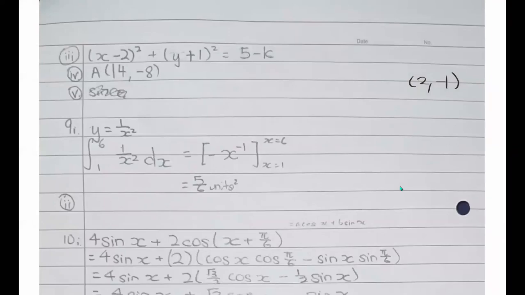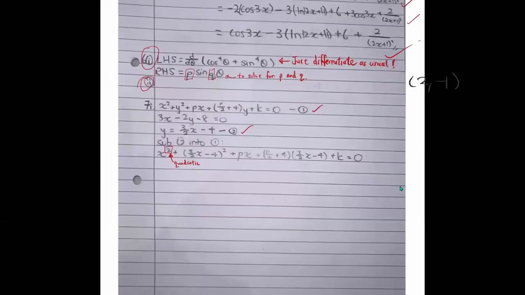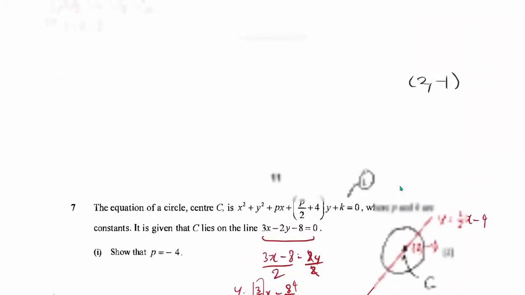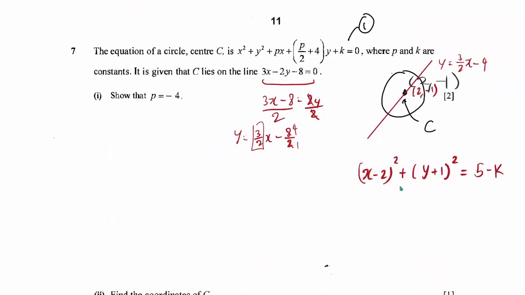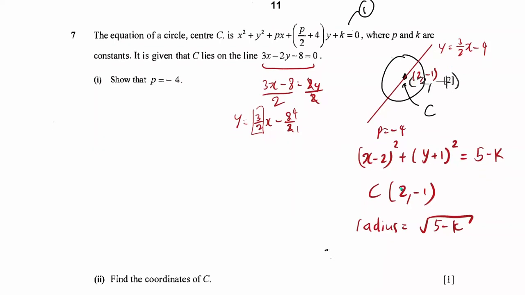Let me copy your answer. 5 minus k. Okay, good. p equals -4, center is 2, -1. The radius is, you told me already, square root of 5 minus k. Correct so far? Good.